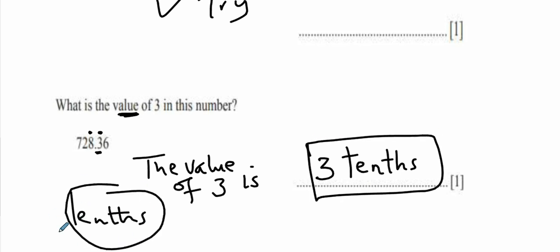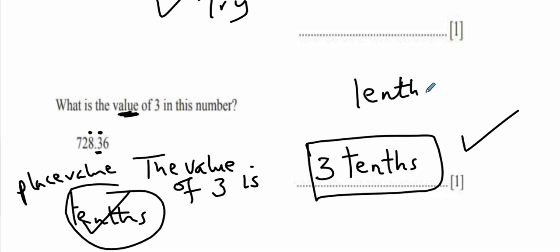Tenth is the place value. When they are asking for the place value of 3, the answer is tenth. But when they ask just the value of 3, you should write 3 tenths. If you write tenths, this is incorrect.